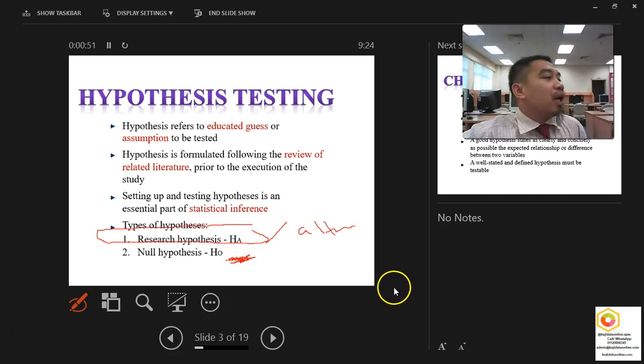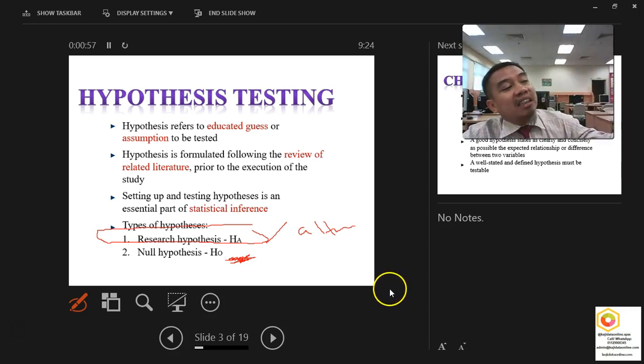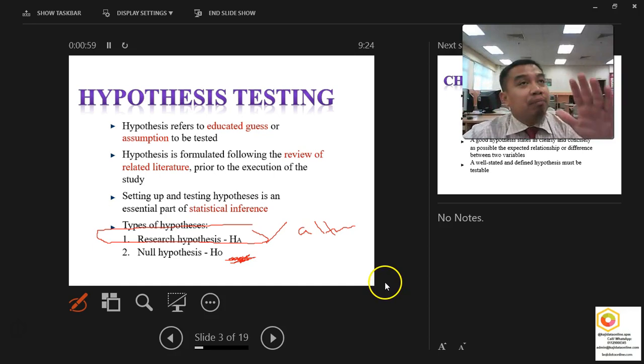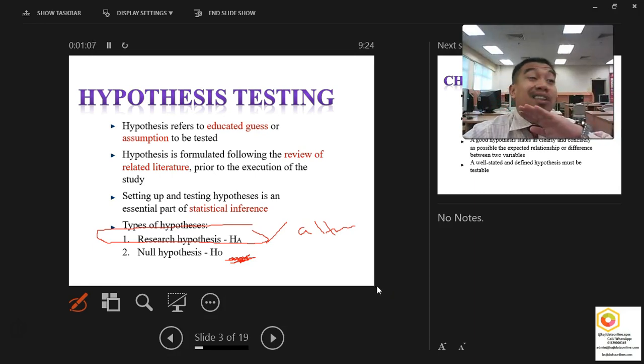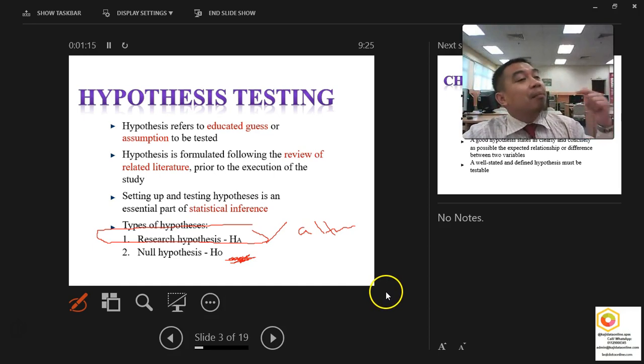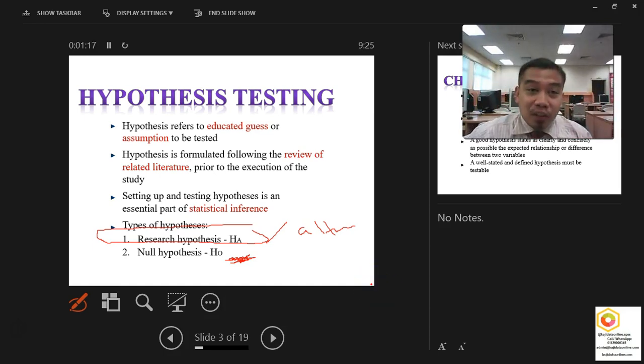Usually, we do not report our null in our thesis. We do not state our null, but we believe that you already understand it. For example, I'm saying that there is a significant difference of knowledge between male and female. So I'm straight away telling the readers about my alternative hypothesis, whereby you as the readers need to understand my null: the knowledge is similar between male and female.